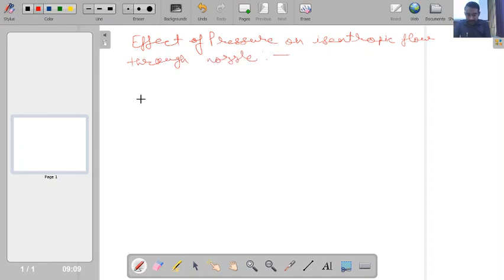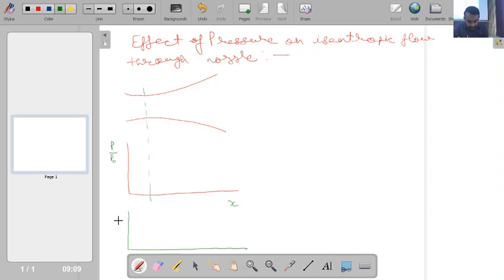And you would be remembering that what we have done is basically, if I plot pressure as function of the length along the nozzle. Okay, so here say this is my P by P naught, and here say I plot my Mach number as function of x, then this particular location shown by green line corresponds to A by A star equal to 1.